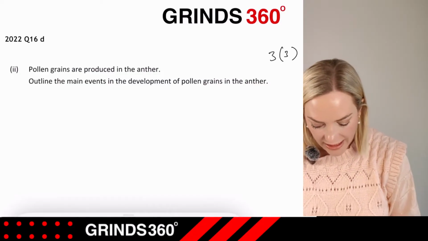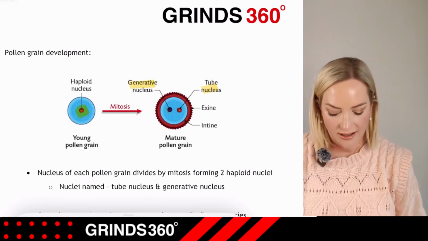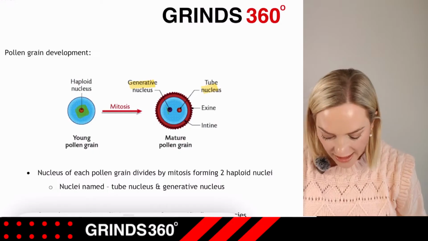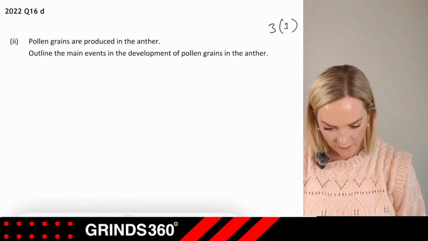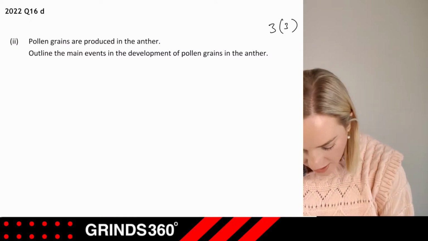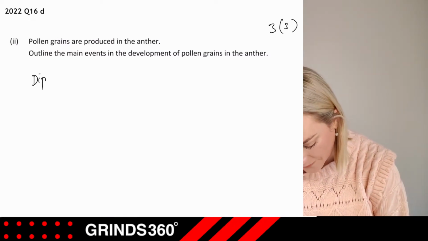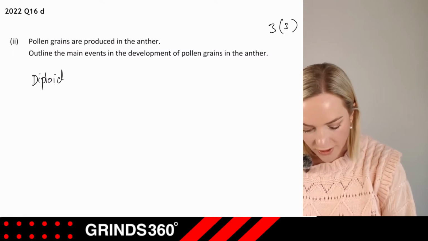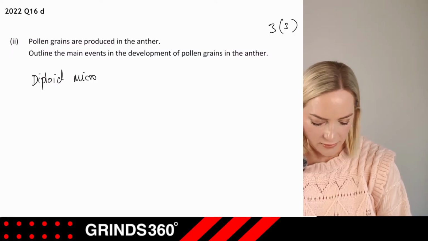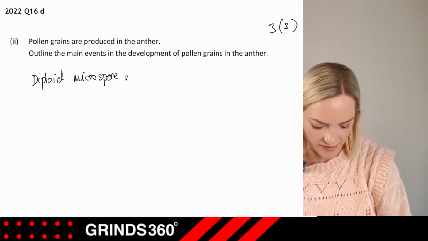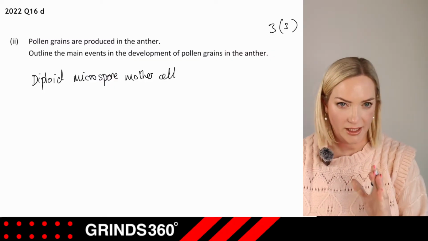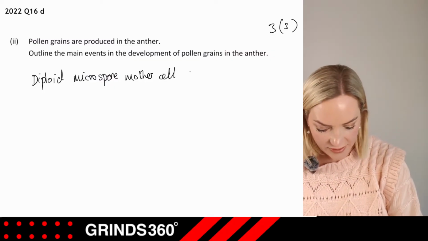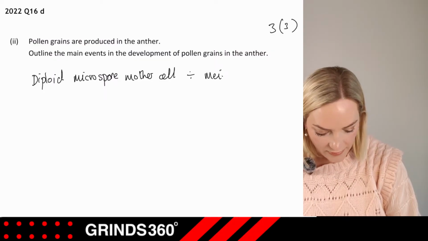So how am I going to answer this? I'm going to answer this in bullet points, and then I'm going to go through where the marks are going to be awarded for students. So our diploid microspore mother cell. I'm just going to do the division side here for time, and this is going to divide by meiosis.